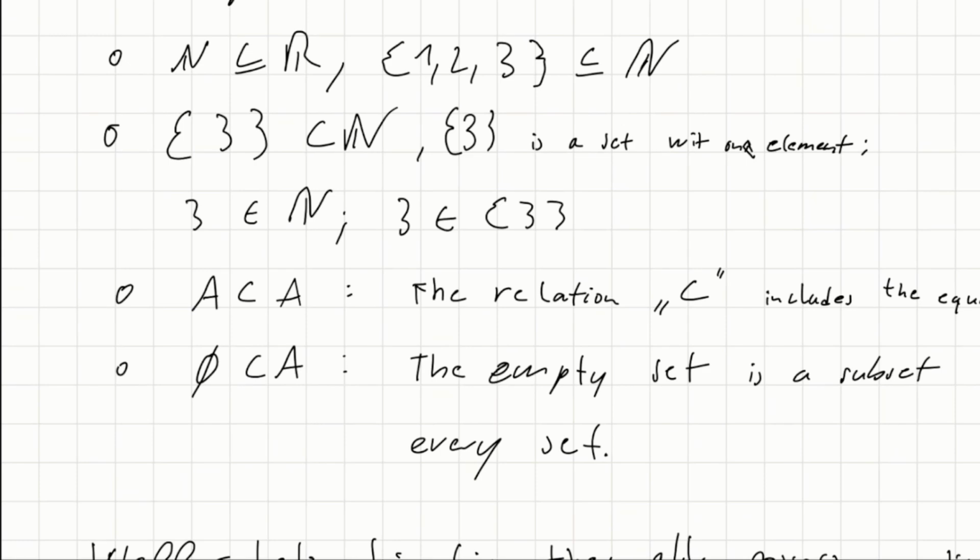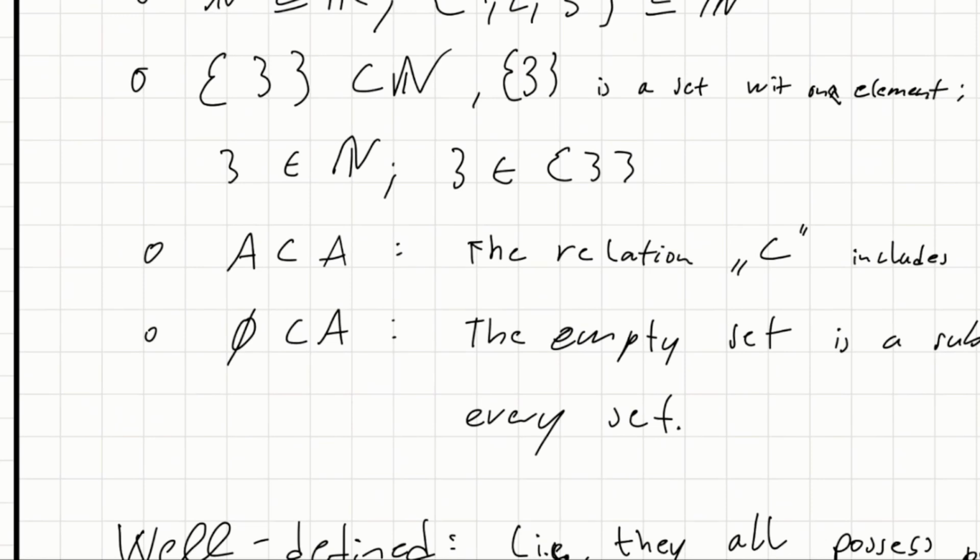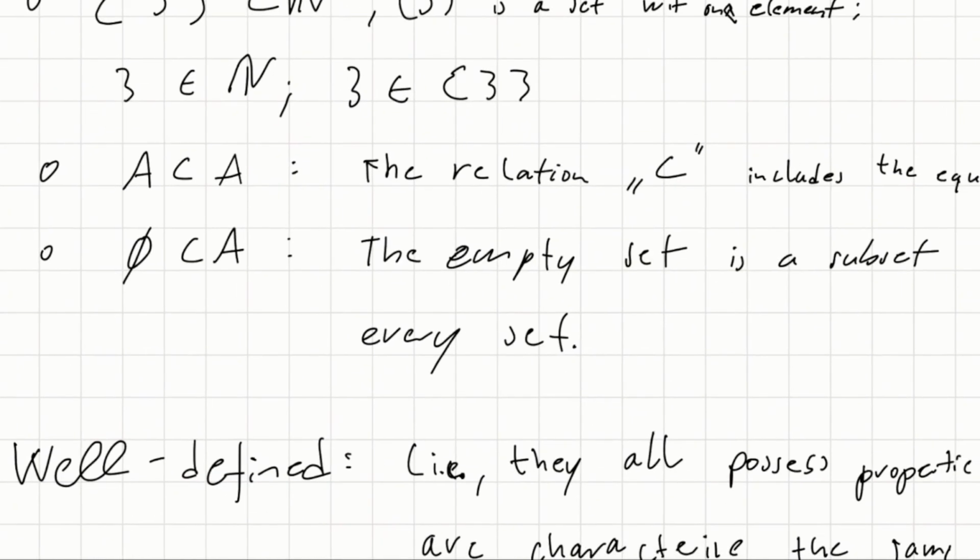So we can have the relationship, 3 is an element of all natural numbers, and 3 is an element of the set 3, since the set 3 just has one element and it's 3. Quite obvious, but mathematicians always like to state obvious things, so maybe you need this.